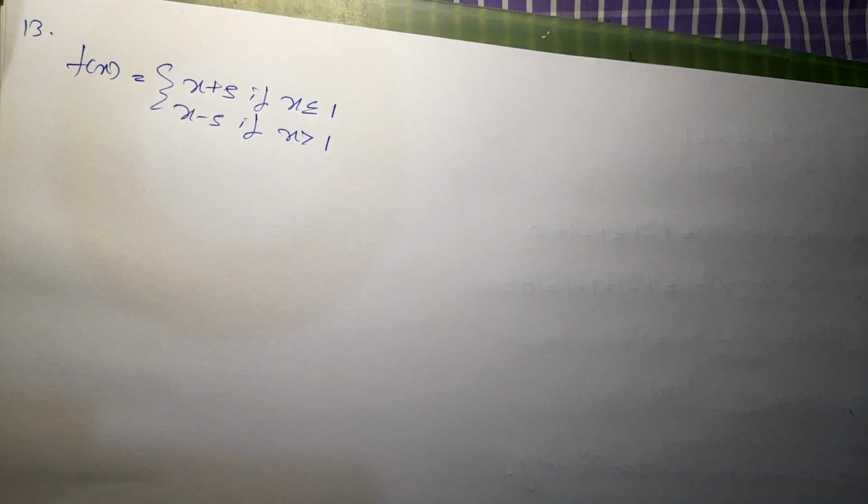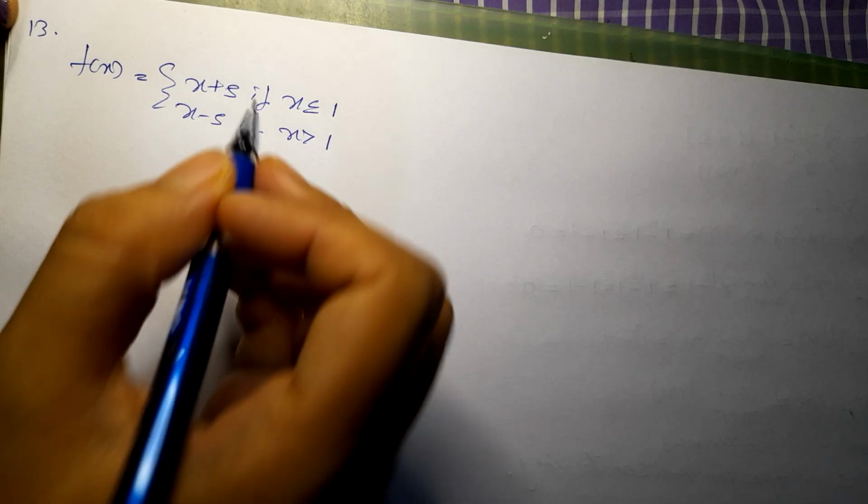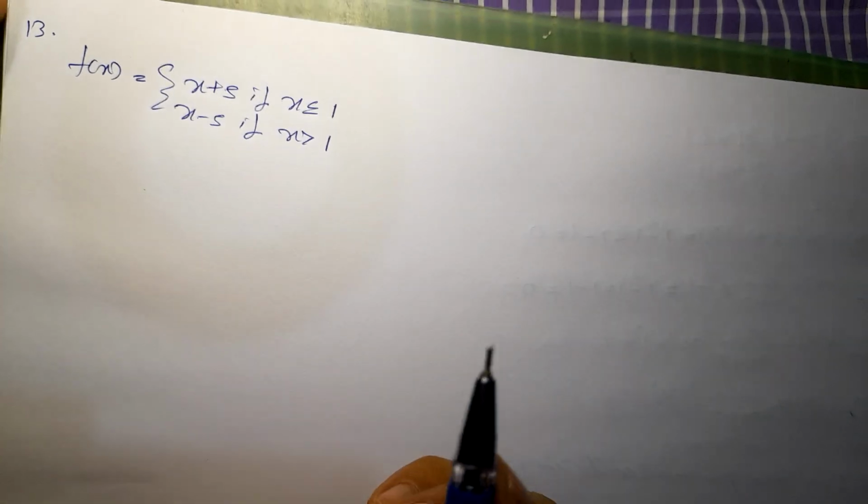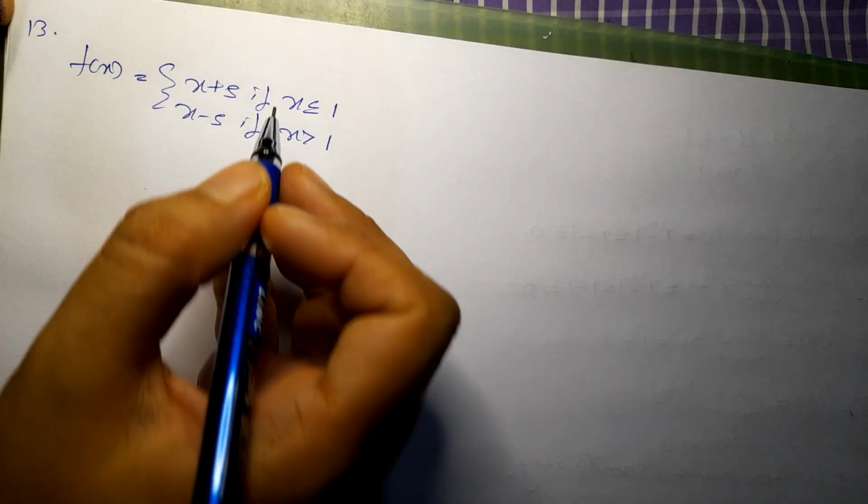We have to check the point of discontinuity at x equal to 1, because we have different functions for x less than or equal to 1 and x greater than 1. Therefore we have to check whether the function is continuous at x equal to 1.